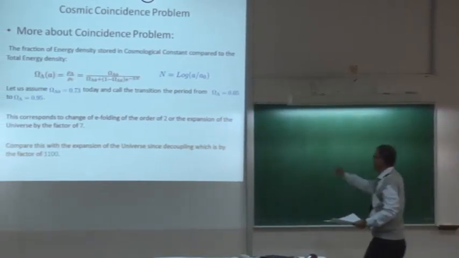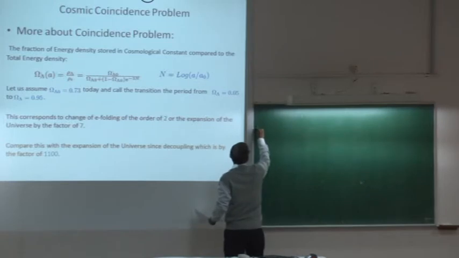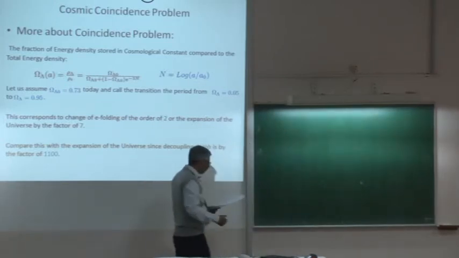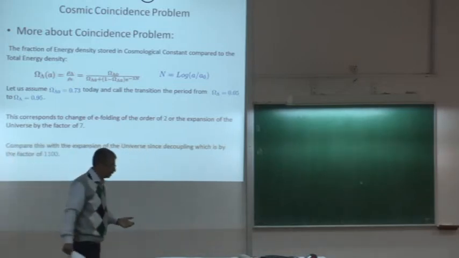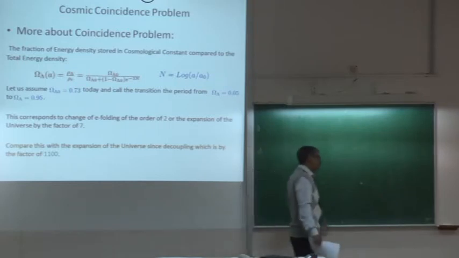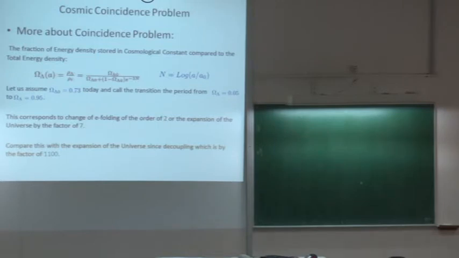So how can one address this cosmic coincidence issue? There are several ways. The first one: let's say I try to model a dark energy where, whatever your initial condition, whatever the initial behavior of the universe or the status of the dark energy, at some point in time the dark energy always catches up with the matter and starts dominating.